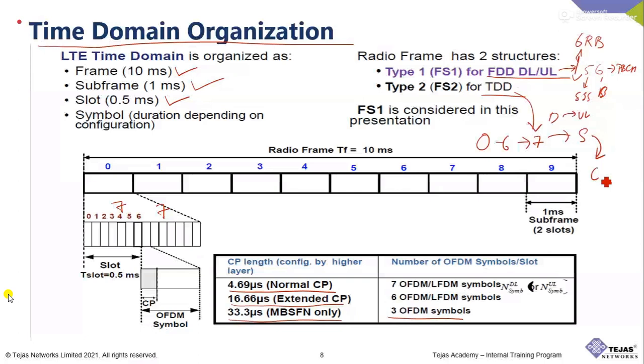So an operator can choose between these 7 configurations and 9 configurations based on the cell coverage, based on the asymmetry of the services, and based on various other factors. It can choose the TDD configuration and the special subframe configuration. And always remember, here also the PSS and PBCH positions are different from what we have in FDD LTE.